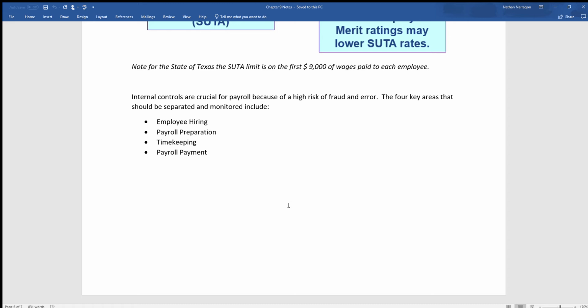Same thing with timekeeping. Timekeeping is a big thing because everybody commits fraud on timekeeping. If you ever clocked in your fellow employee and they're not there, congratulations, you just committed fraud on timekeeping with the payroll. This is definitely when we don't basically put in our time correctly. And you can commit fraud with this, but for you punching in your fellow employee, that's minor.